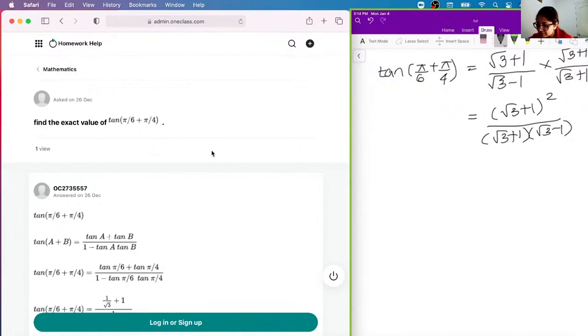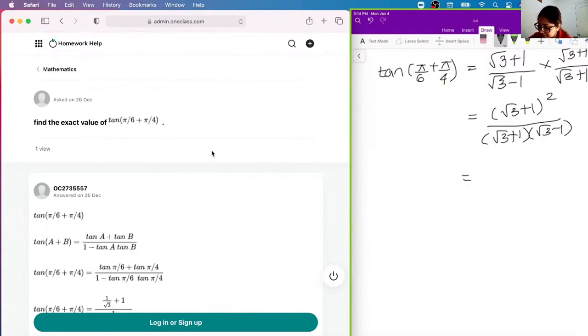We can further evaluate this. If you recall, the top is a perfect square, and the formula is (a plus b) squared equals a squared plus 2ab plus b squared.